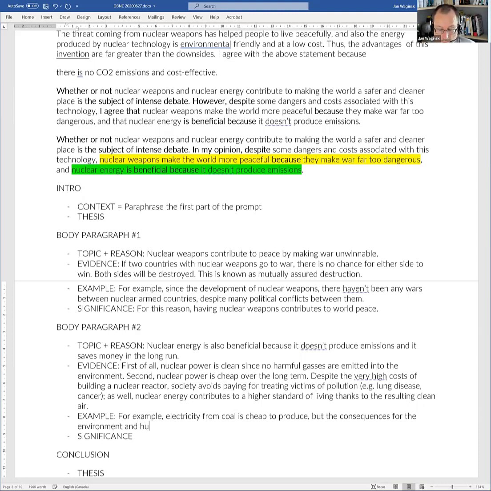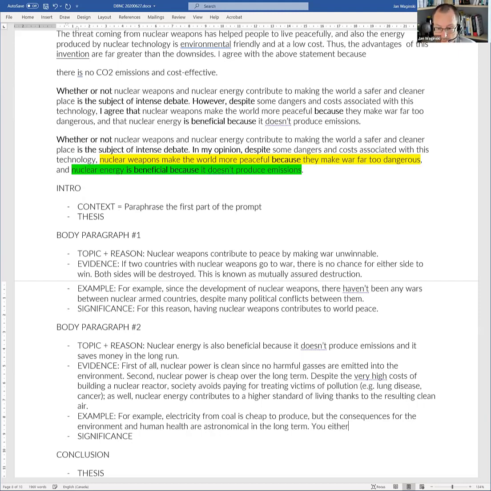Environment. Astronomical in the long term. I mean, if you want to be a little bit poetic, you could say something like there's no such thing as a free lunch, right? Or pay now or pay later.